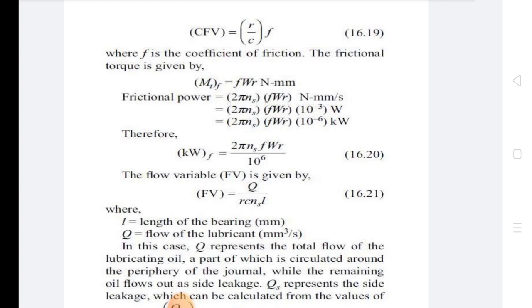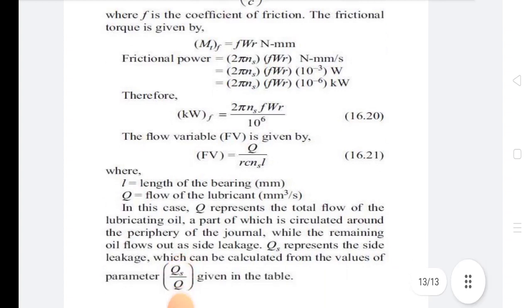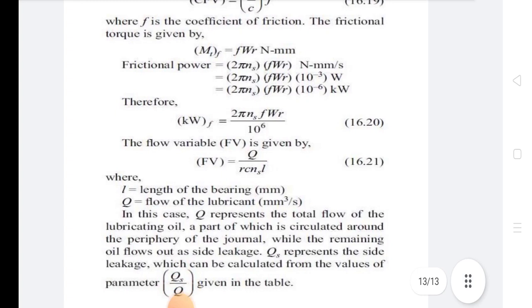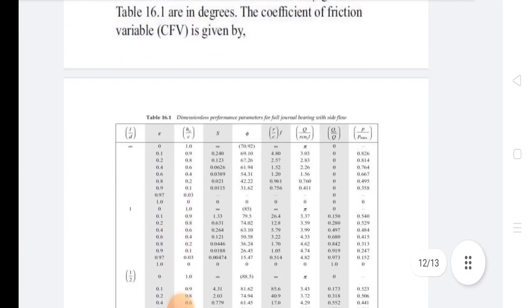In this case, Q represents the total flow of the lubricating oil, a part of which is circulated around the periphery of the journal, while the remaining oil flows out as side leakage. Qs represents the side leakage, which can be calculated from the value of the parameter Qs upon Q given in the table. This is the table.